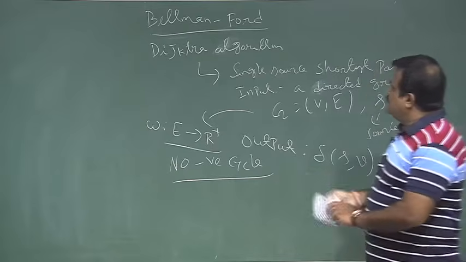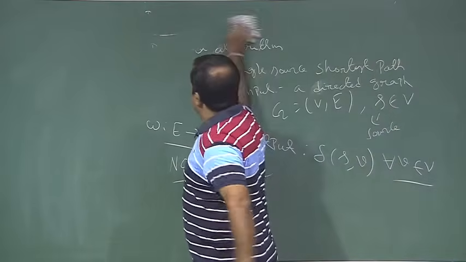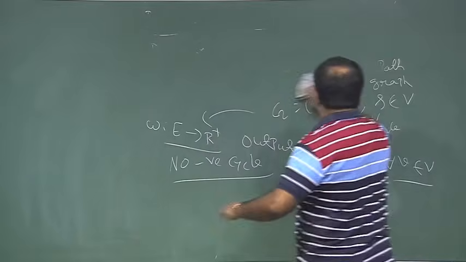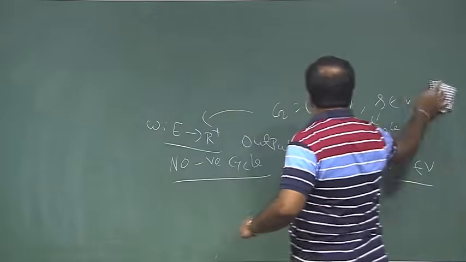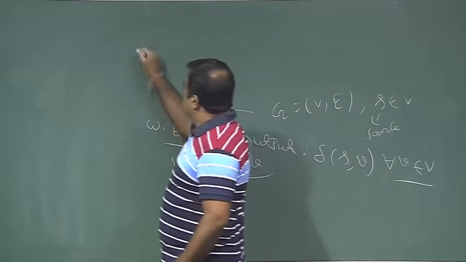So what is the problem with a negative cycle? If we have a negative cycle, then although there is a path from u to v, there may not be a shortest path.